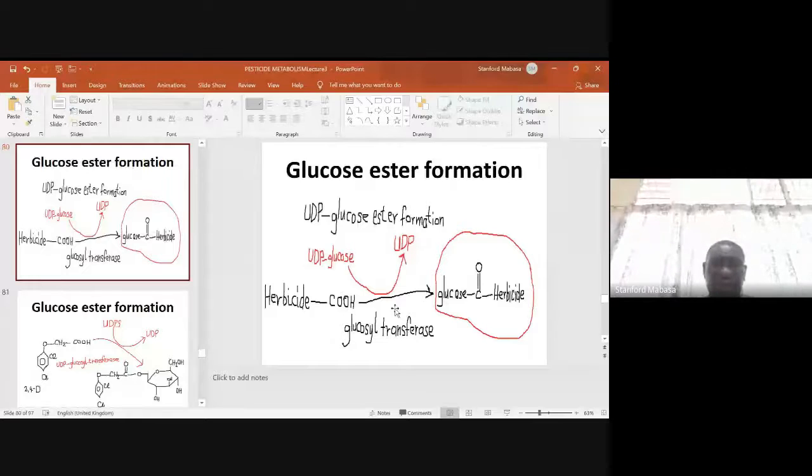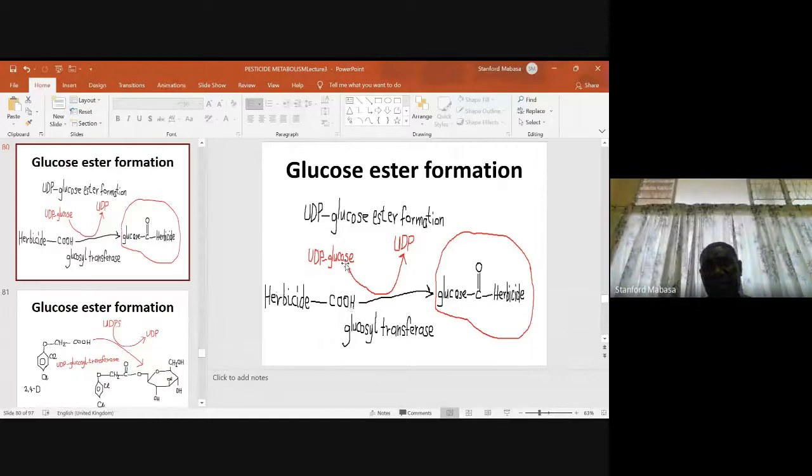Now we can also have glucose ester formations, where we have probably the herbicide carrying the carboxyl group. It could be any other pesticide for that matter, which combines with the glucose, forms glucose CO herbicide or glucose CO pesticide.